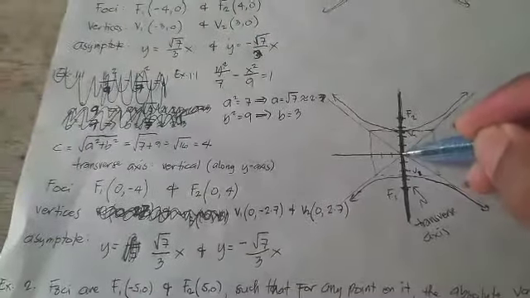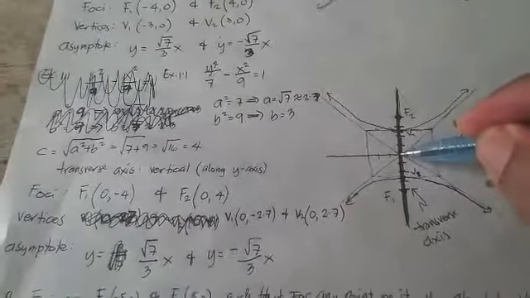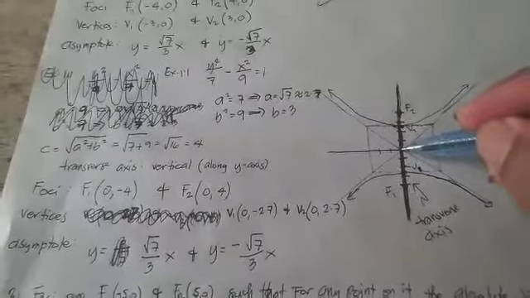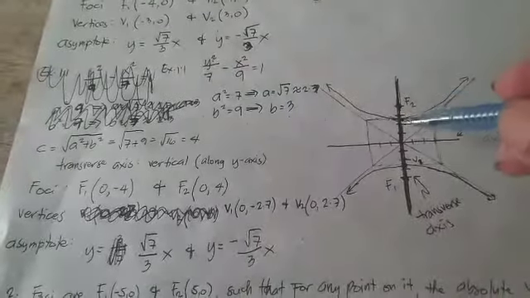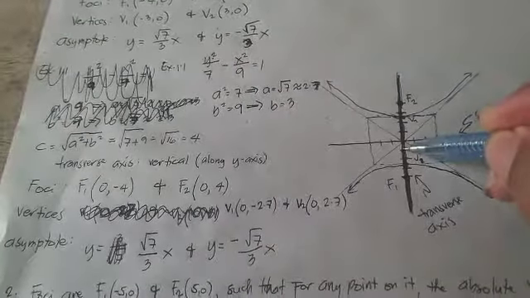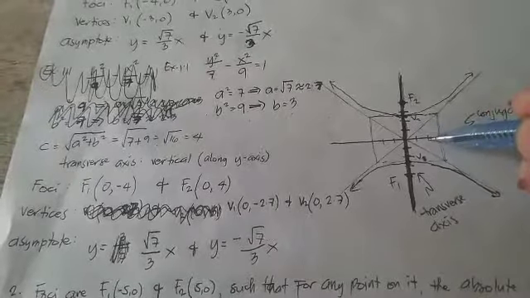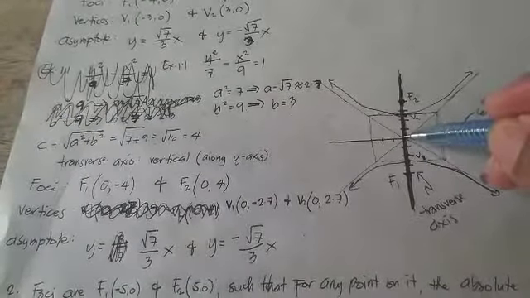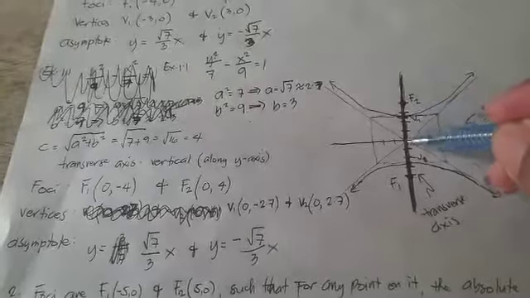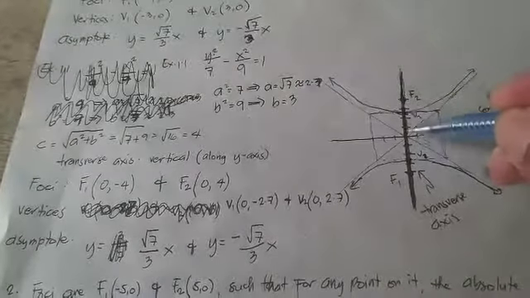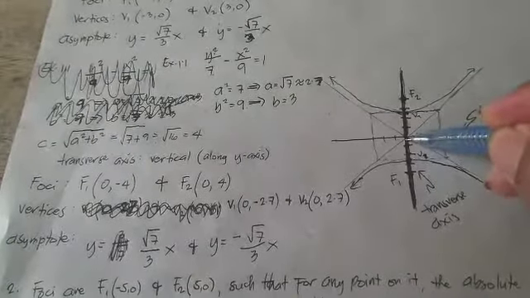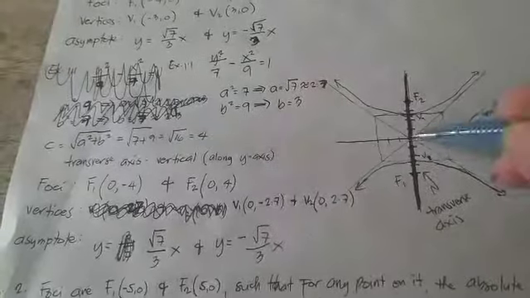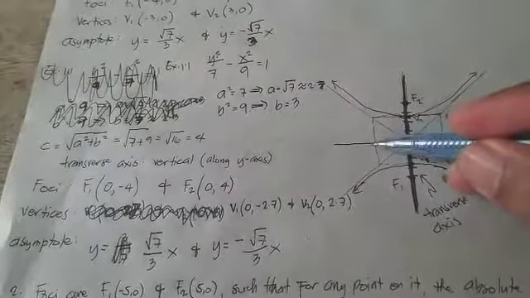To graph, this is what we do. First we locate A. Remember, A is found along Y. So do not count the 2.7 here. You count the 2.7 upward or downward, since that is our transverse axis. And B is 3. So we have 1, 2, 3 and negative 1, 2, 3.